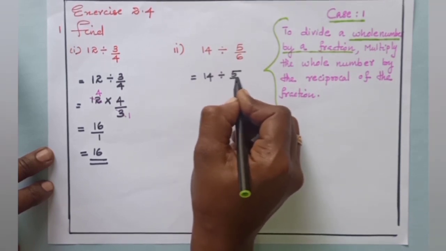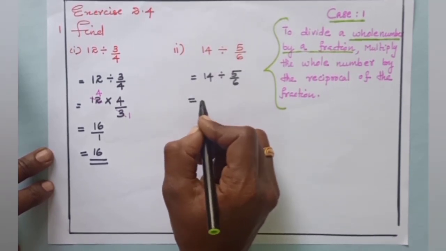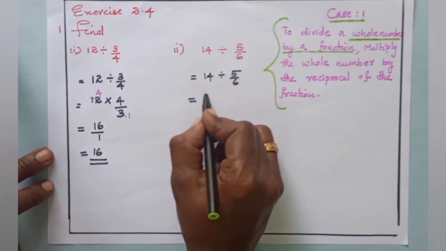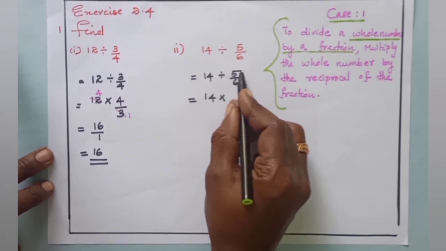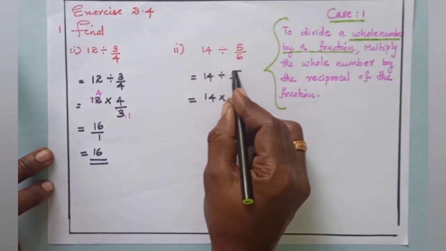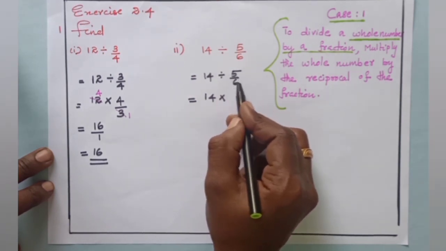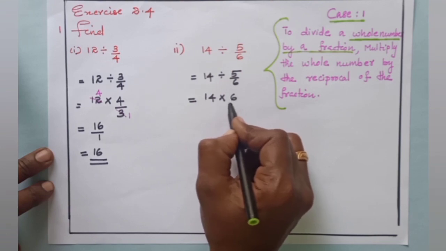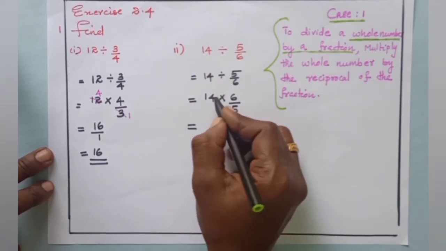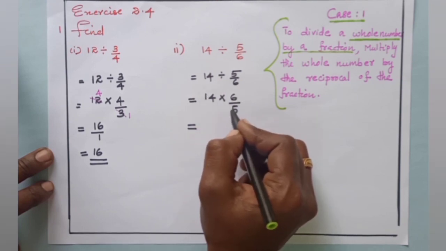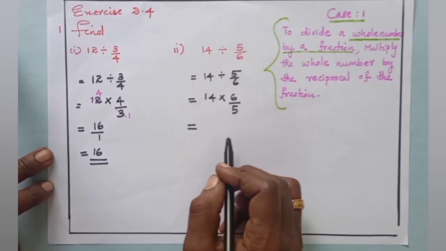Division is changed into multiplication. Then multiply by the reciprocal of the fraction. Fraction 5 by 6, reciprocal is 6 by 5. Listen, here cancellation is not possible.